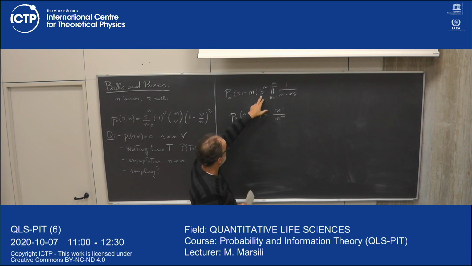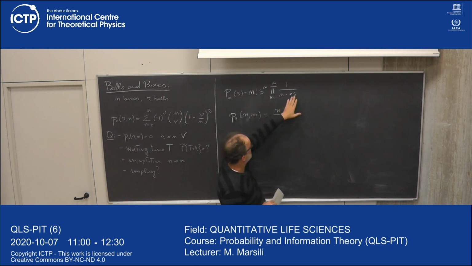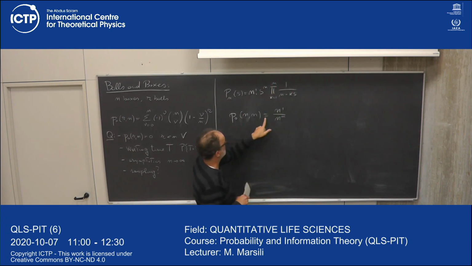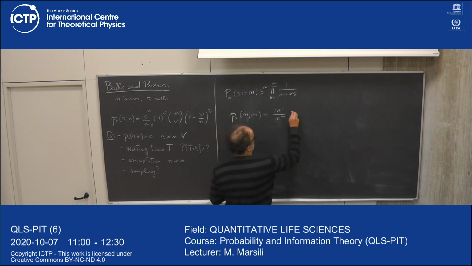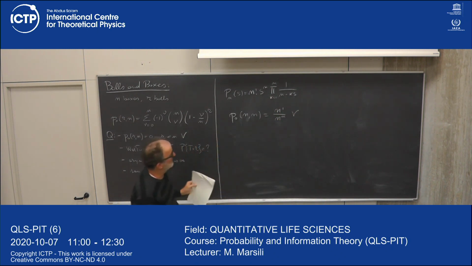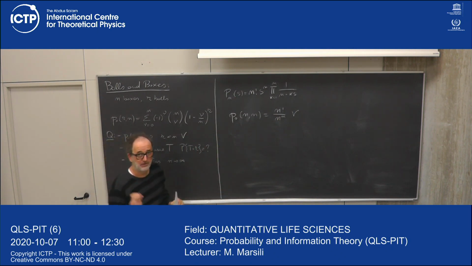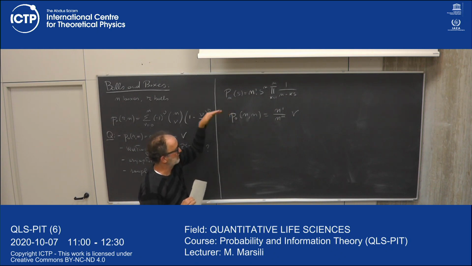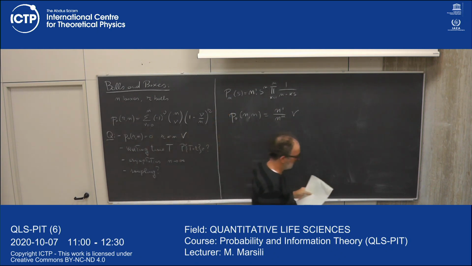And of course, the coefficient of s to the n is obtained by taking s equal to 0 in this part. And then you see that you get exactly this expression here. So it is always useful to have a way to check your results, and when you can check whether your results are correct or not, you should do that.